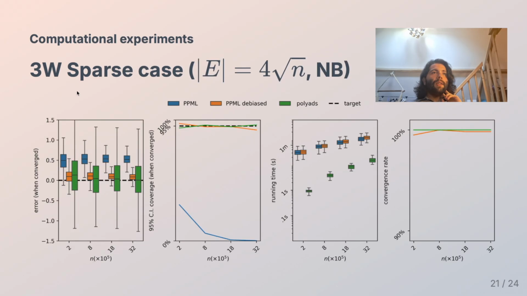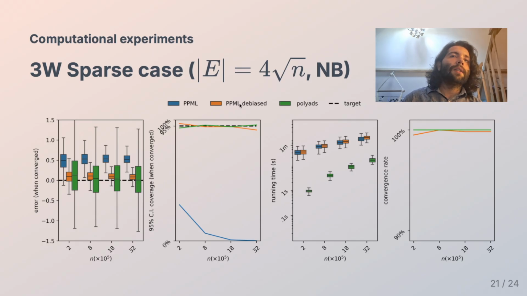Now I will show a sparse example. I will say that the number of positive edges will be 4 times the square root of the total number of edges. And I'm also considering here a negative binomial distribution, just not to always stay with the Poisson distribution. And here we see that PPML has some bias. The error should be 0, it's 0.5 and quite consistent at 0.5.